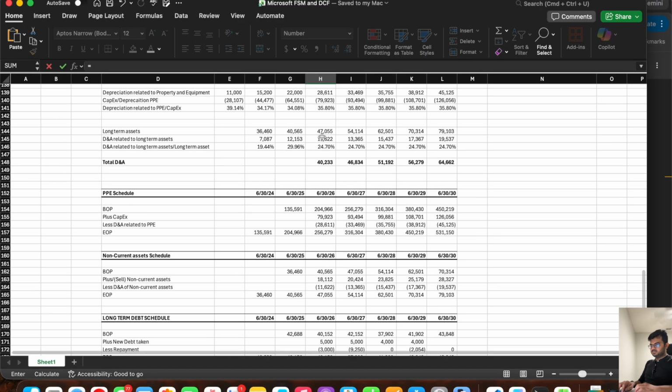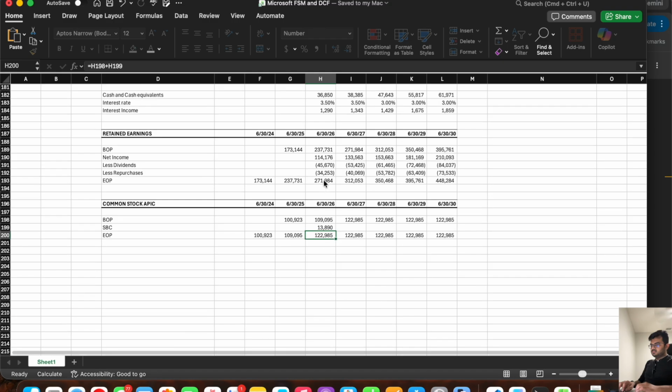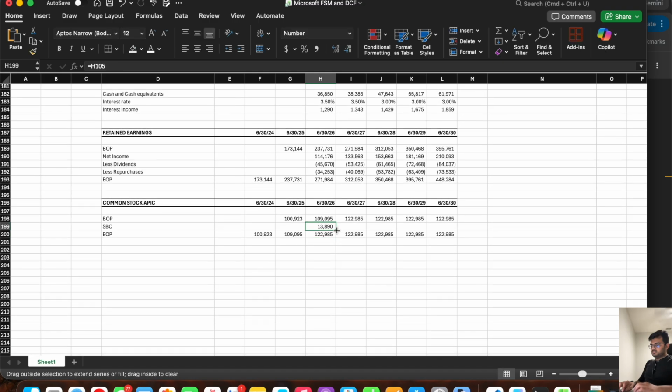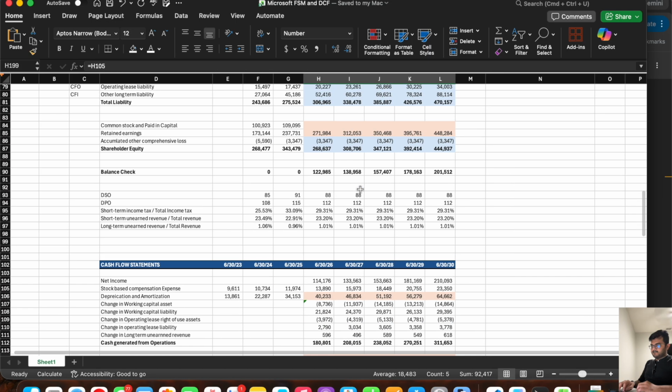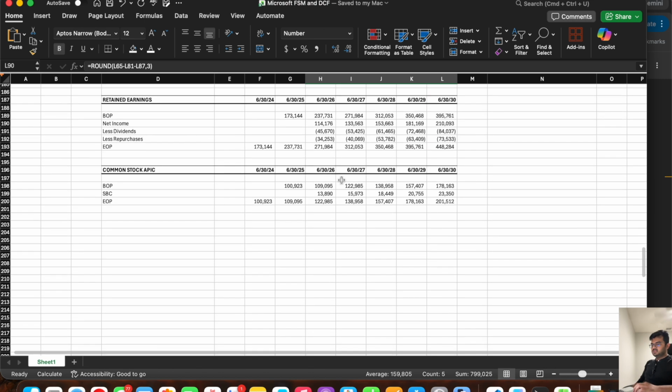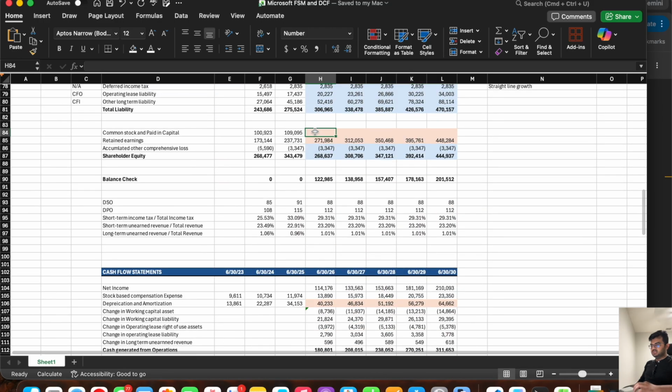Then share based compensation, we will have it from here. So now if we link this number, hopefully the model should balance. If we did everything right, whatever number you are seeing here, which is not balancing or the balance check is missing, is the number we should also see by end of period. So now I could see the model is perfectly fine. I will just link this number.